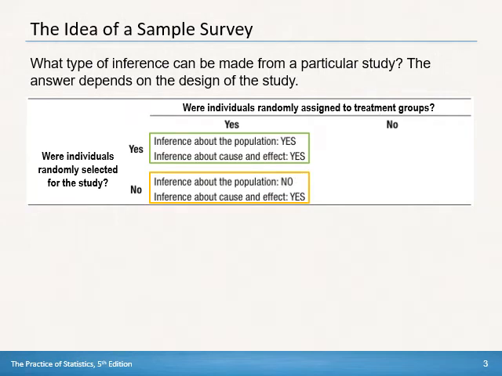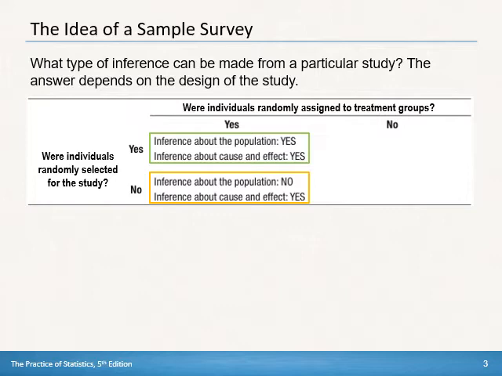All right, more often than not, we are in this group where, yes, we ran a randomized experiment. People were randomly assigned to treatment groups, but no, they weren't randomly selected. So we can show cause and effect. The change in the explanatory variable between the two treatment groups is what caused the change in response between the two treatment groups. Definitely show cause and effect.